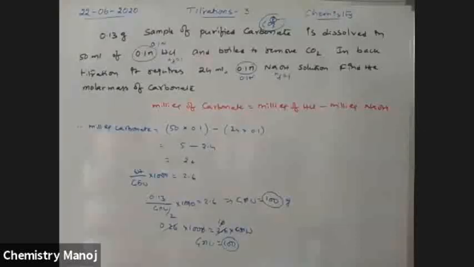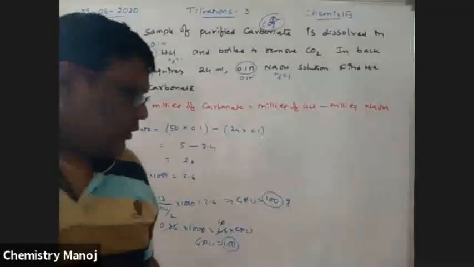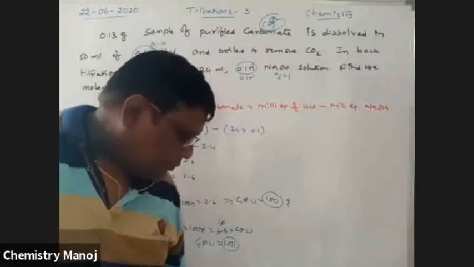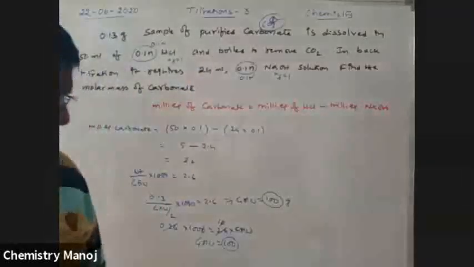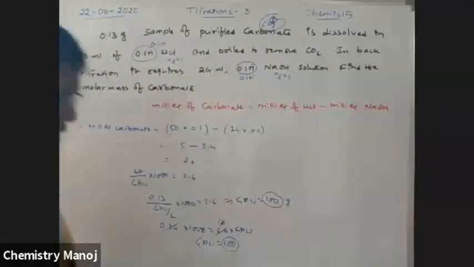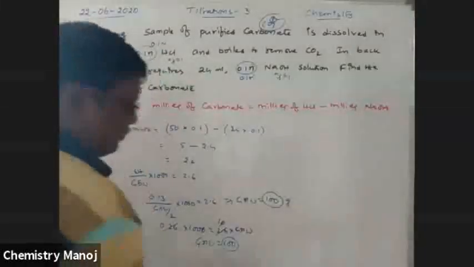So this is about your back titrations. Is there any problem? One more problem. Yes, it is the last problem for today's class. Please wait. Tomorrow we will discuss another topic.